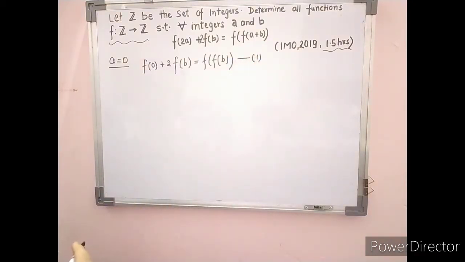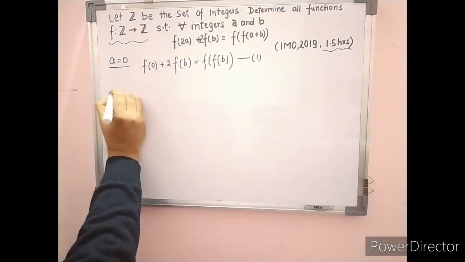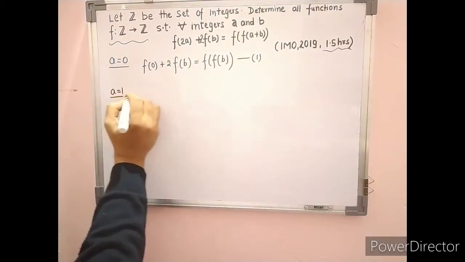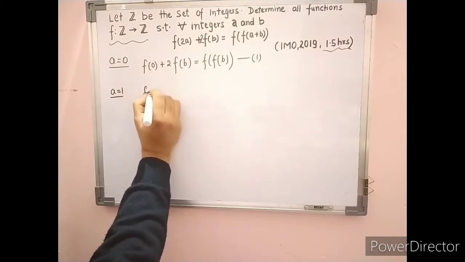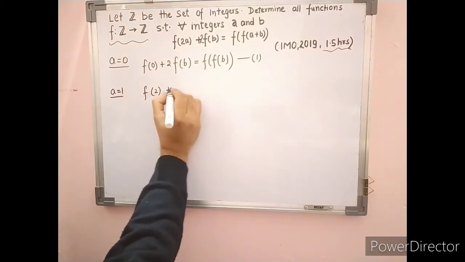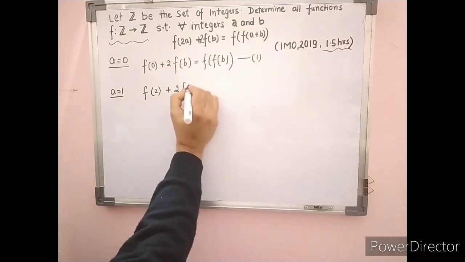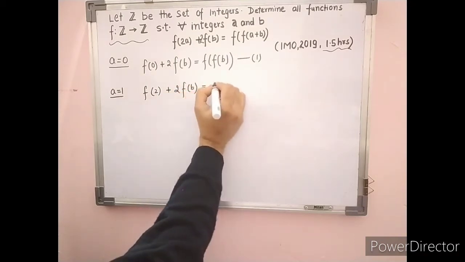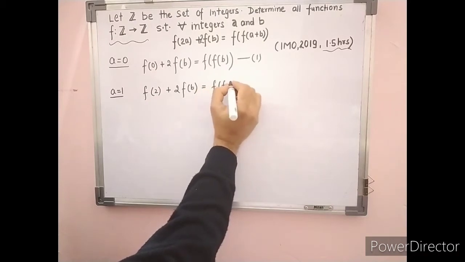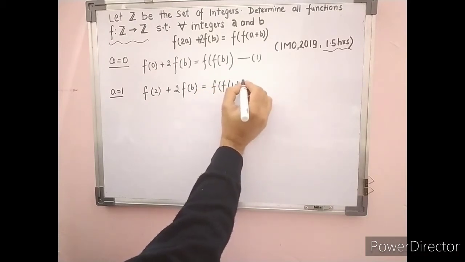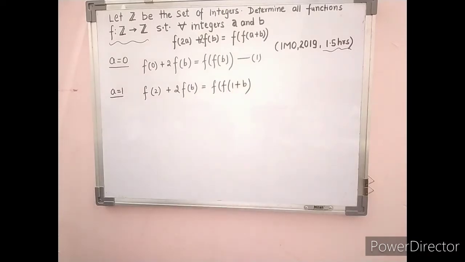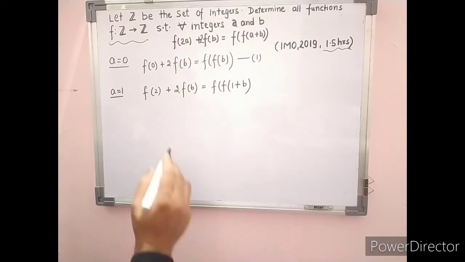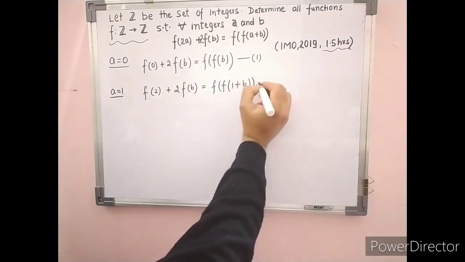Now if we substitute a = 1, then we will get f(2) + 2f(b) = f(1 + b), right? What we did is we substituted a = 1 in this equation. So now this is equation number 2.